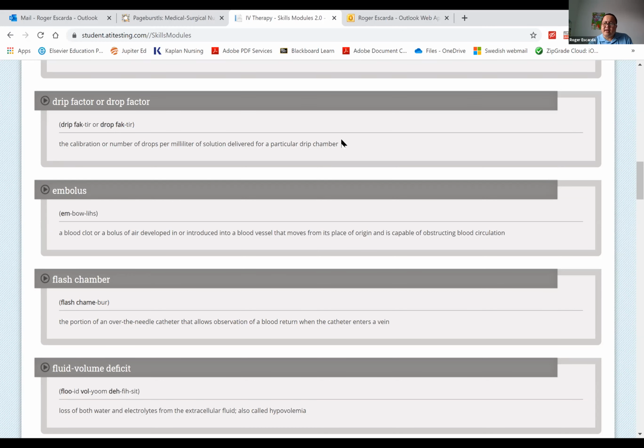Like has a nurse ever asked you, hey, can you DC the catheter please, the patient's discharged? Yeah, okay, I did one. Just be careful and assess the length of the catheter. If it's a peripheral catheter, it's usually 1 inch long. Sometimes the tip breaks off and becomes an embolus, meaning it gets left behind.